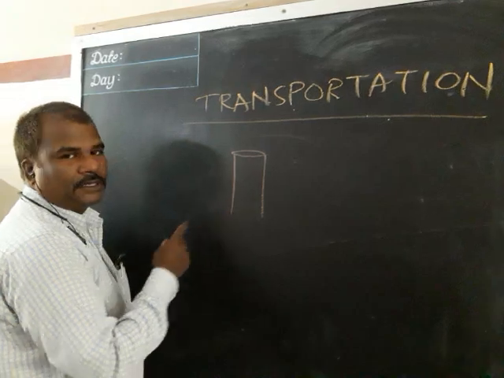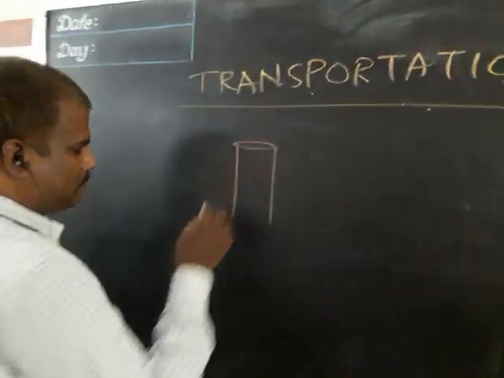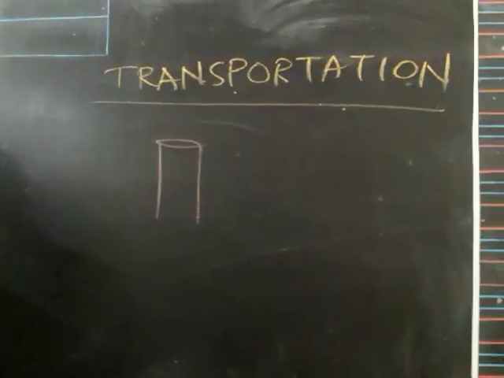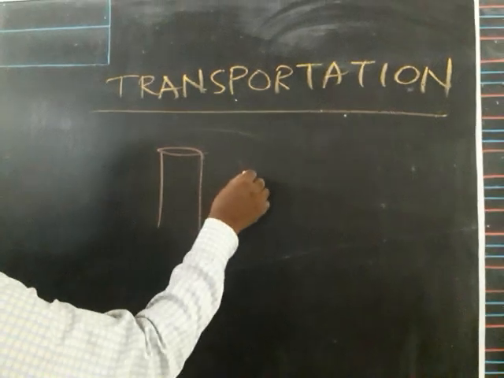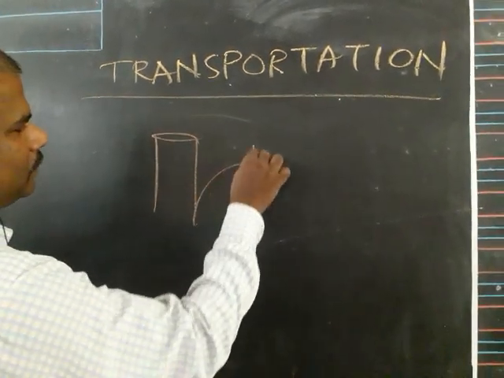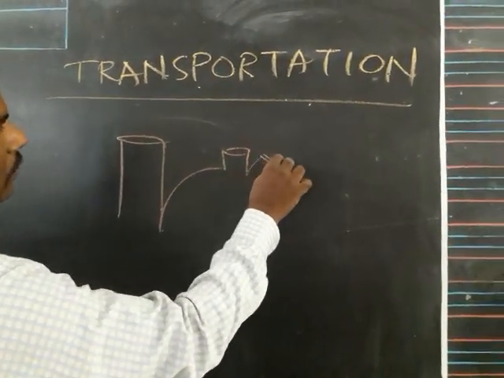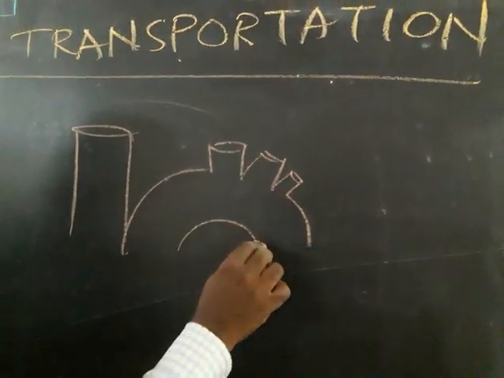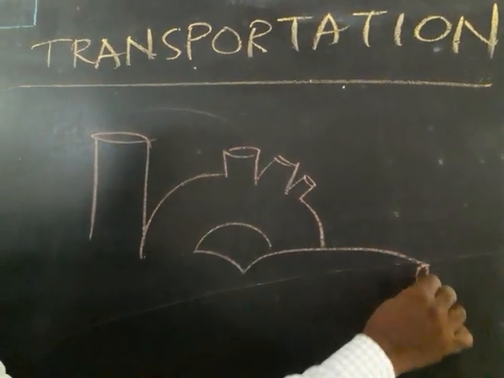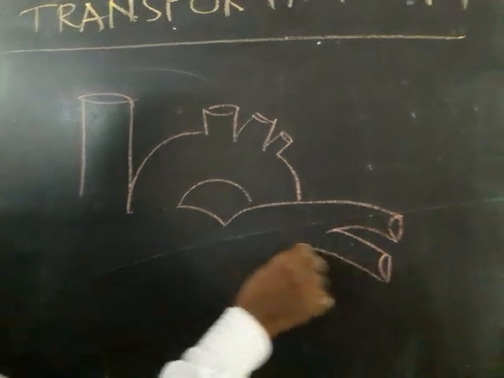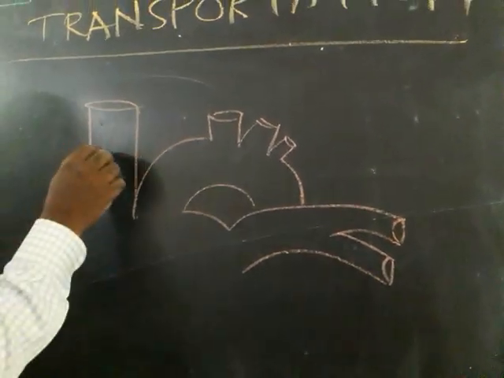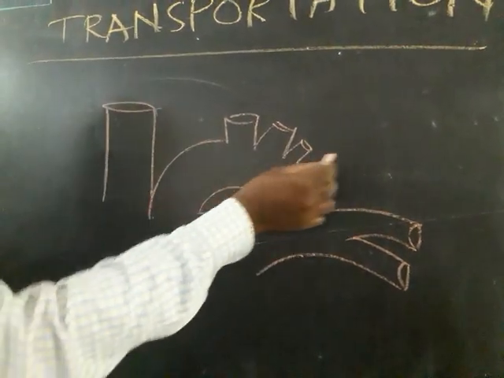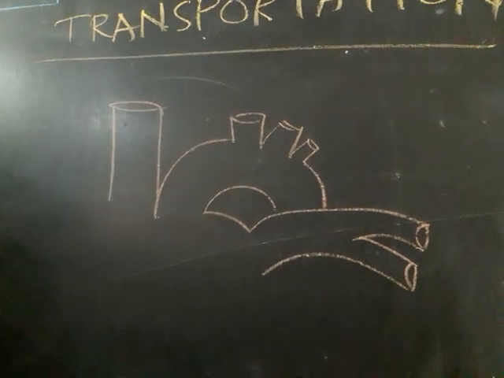The heart is connected with the superior vena cava. It is called the superior vena cava. And here is the aorta, and here the pulmonary artery. So these are the superior vena cava, aorta, and pulmonary artery.